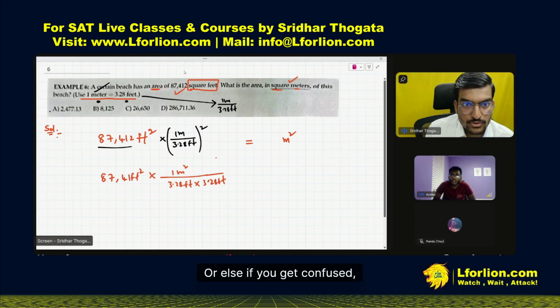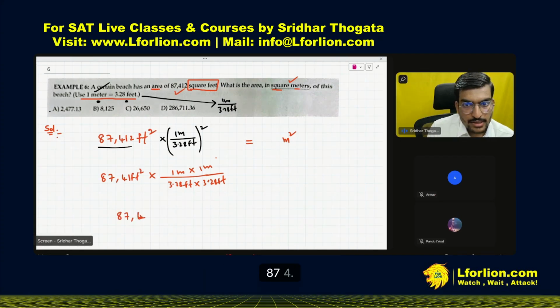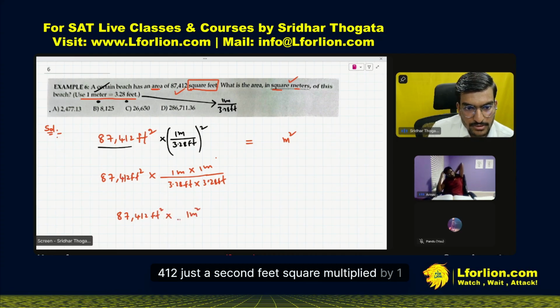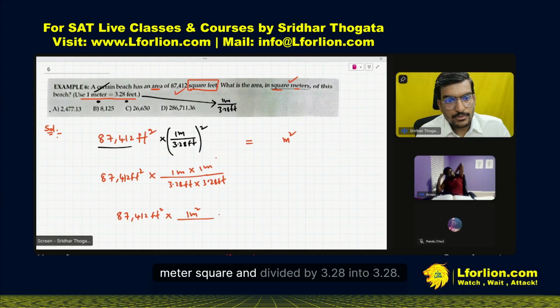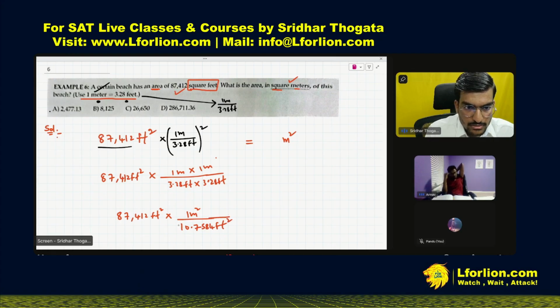Or else if you get confused, I'll just write 1 meter into 1 meter. Now what you do: 87,412 feet squared multiplied by 1 meter squared and divided by 3.28 into 3.28. If you multiply, you're going to get 10.7584 feet squared.